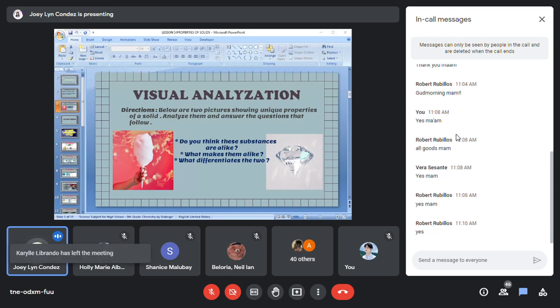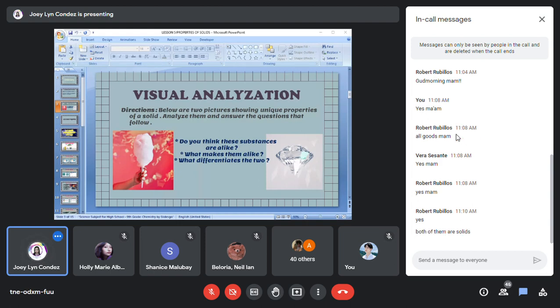Yes, okay. What makes them alike? We will check your answers later. Again, what makes them alike? Okay, both of them are solids.